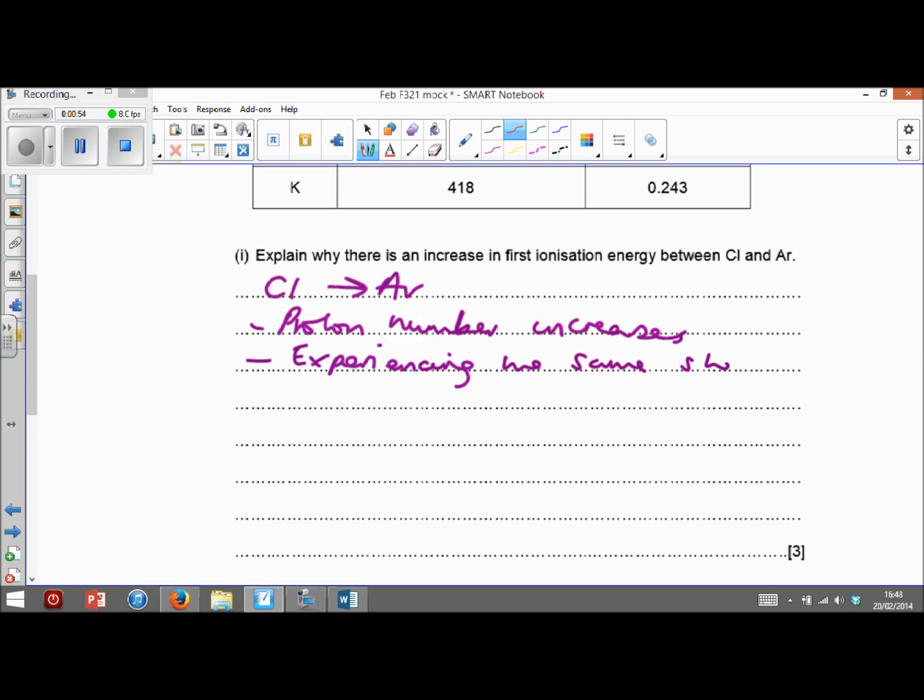But that's not affecting the ionisation energy, but because the proton number is increasing and the shielding is staying the same, they have a greater nuclear attraction between the outer shell electron and the nucleus. You need to put all 3 points, 1, 2, 3, to get those 3 marks. Okay, to the next.